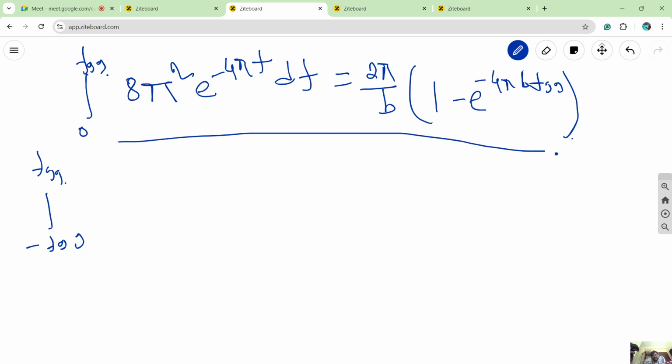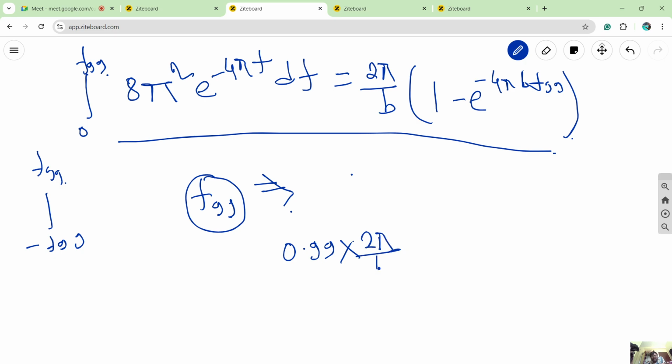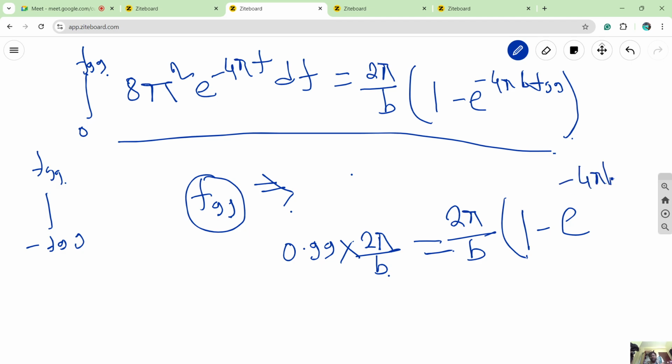We do this integration actually. Now we have to find the F99 such that 0.99 of this 2 pi by b becomes 2 pi by b into 1 minus e to the power minus 4 pi b f99.